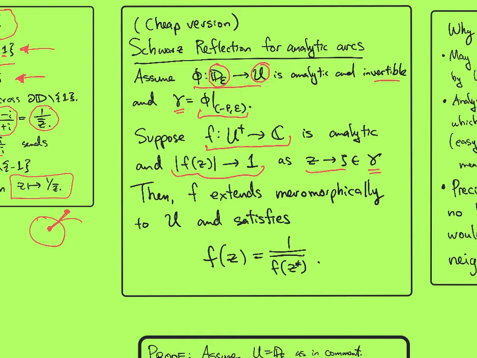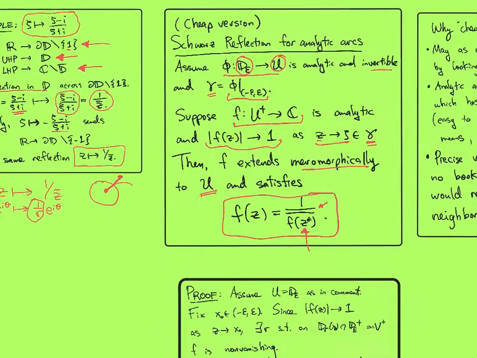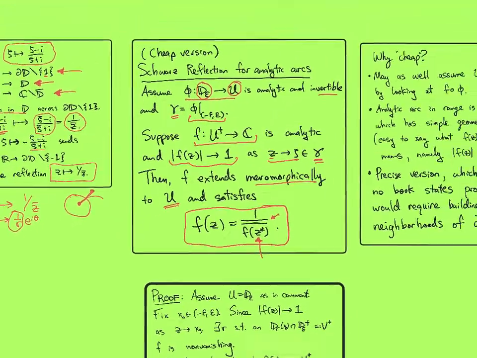So if F tends to the unit circle as Z tends to a point on this analytic arc, then F extends meromorphically to the whole domain U and satisfies this reflection formula. So we use the reflection across the analytic arc and the reflection across the circle and get an analytic function. Why is this a cheap version?